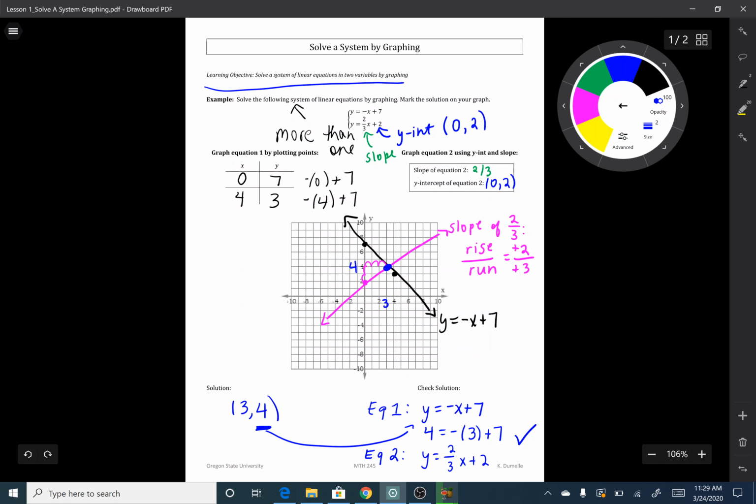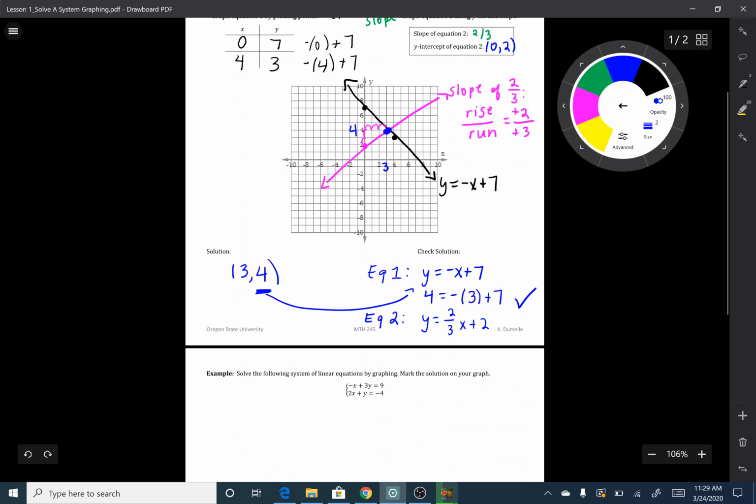And if I plug this point in, I get y is equal to 2/3 times 3 plus 2, and our y value is equal to 4. And this is true because 2/3 times 3 is just equal to 2. So I get 4 is equal to 2 plus 2, which is also true. That means that the solution (3, 4), since it satisfies both of my original equations, is in fact our solution.